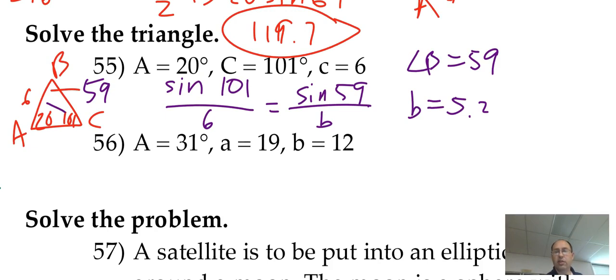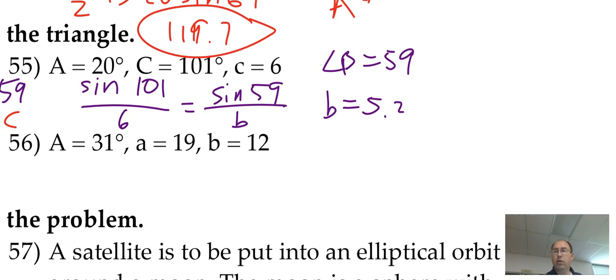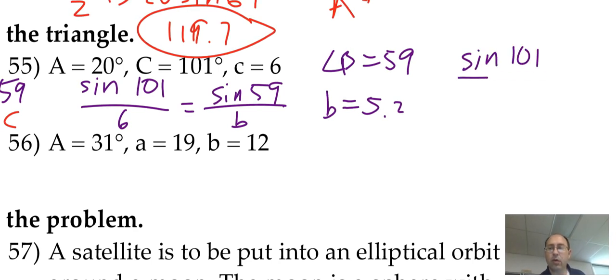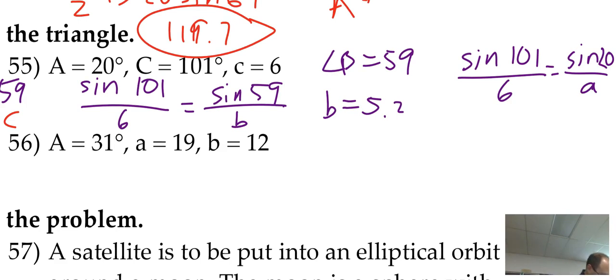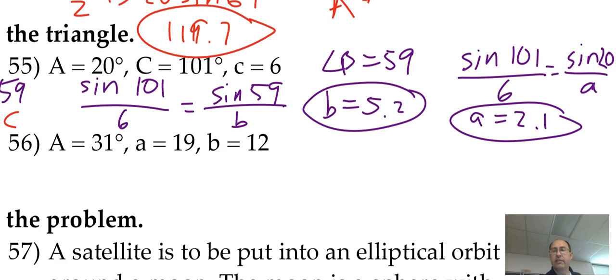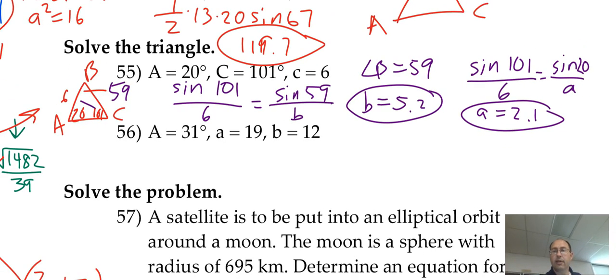Okay, and then of course I need to do the same thing for side A. So we got sine 101 over 6 equals the sine of 20 over A. 6 sine 20 divided by sine 101. 2.1. So now we have all the pieces. We already had angle B, so that took care of that. So we solved the triangle.